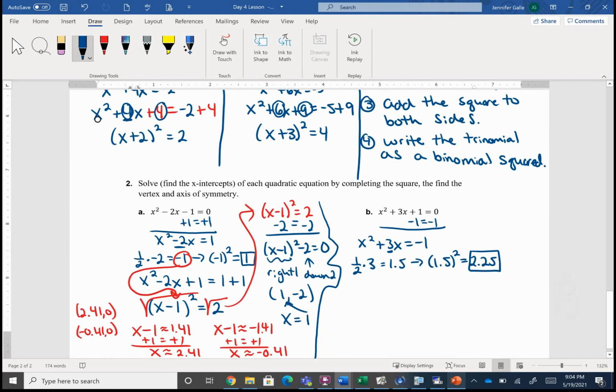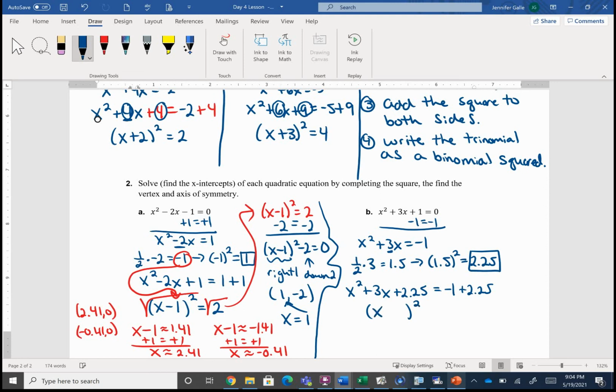Step 3 says we're going to add that square to both sides. So I have x squared plus 3 on the left side. I'm going to add 2.25. Then on the other side, I have negative 1 plus 2.25. We have to keep the equation balanced. Step 4 says write the trinomial as a binomial squared.